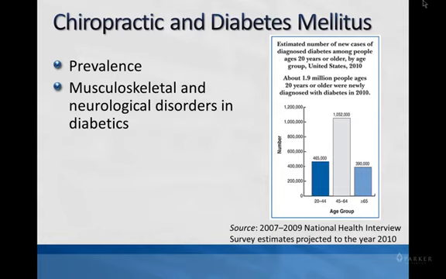As of 2013, it has cost the United States over $245 billion in the management and treatment of people with diabetes. Now, diabetes can be managed very well by diet and exercise and a number of different things.